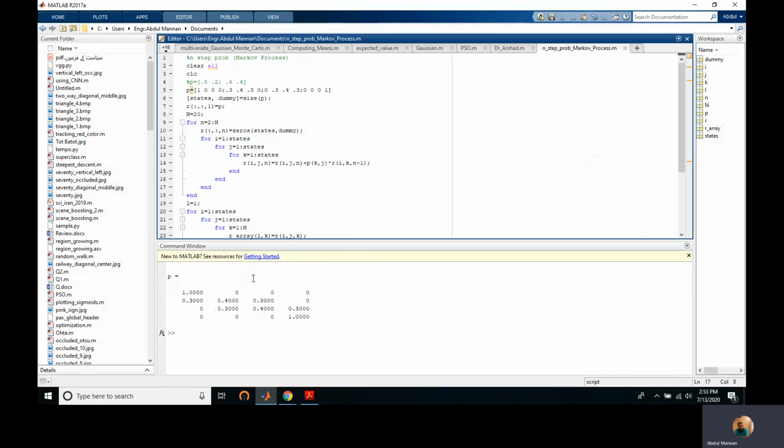So you can try any matrix with this code and see the states switching to a steady state probability, but each row should sum to 1.